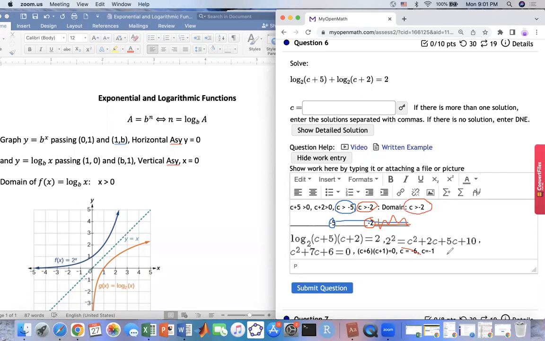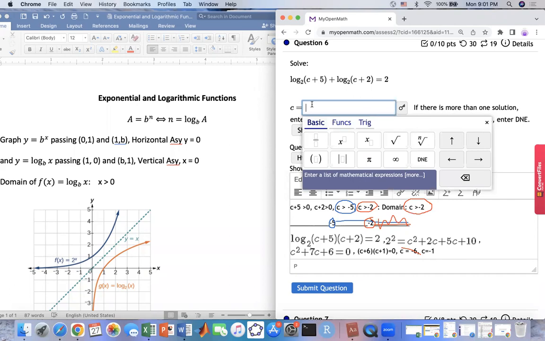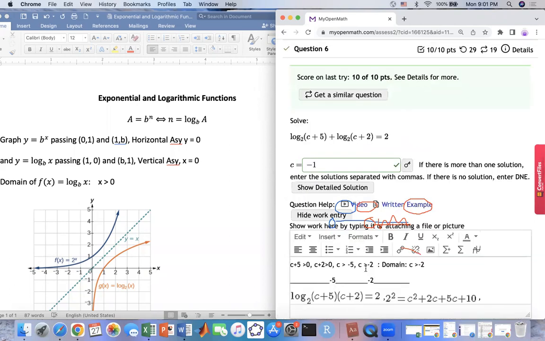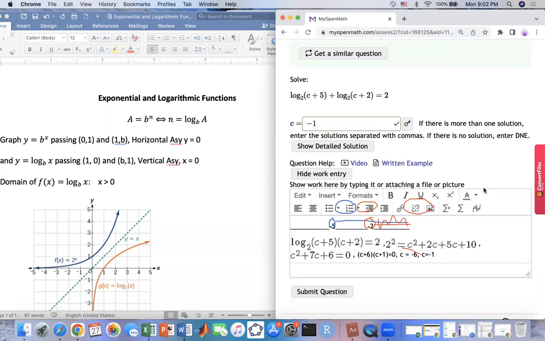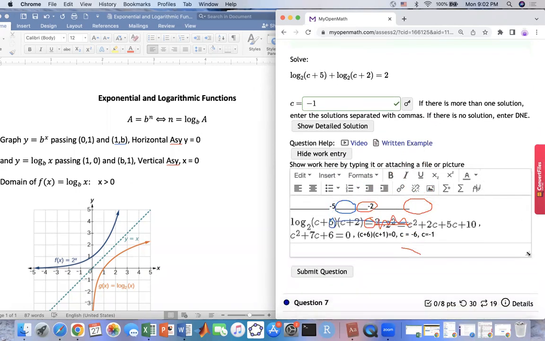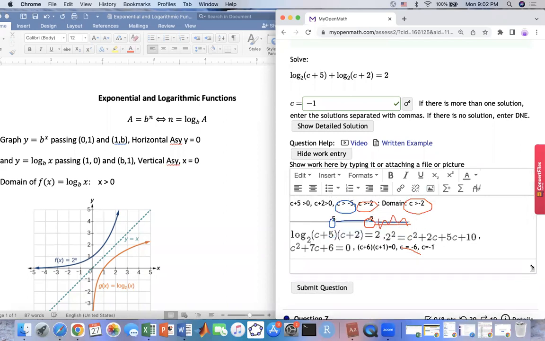So the only answer I have is -1. That will be my answer, so I put -1 here, and then I submit. I should have the right answer. That's my work for you to see.